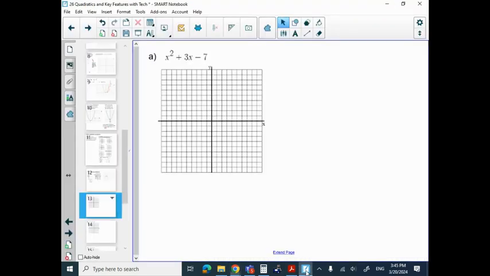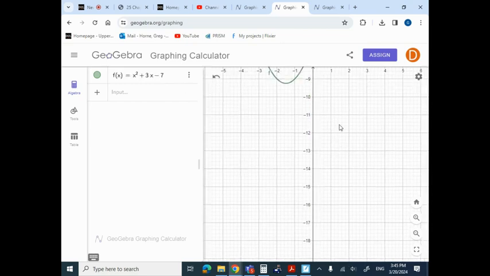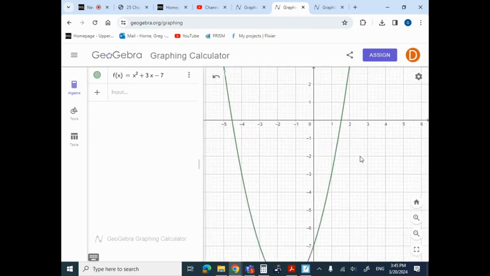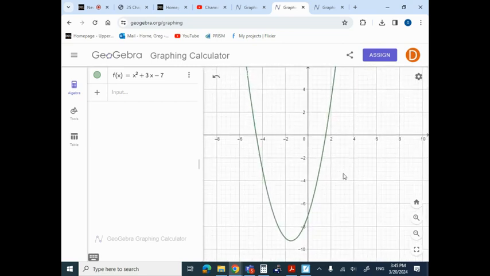And then it was, plus 3x minus 7. Hit enter, and we're way off the scale because I was looking at the y-axis and so on, but this one here should match the one that we did as a help example.